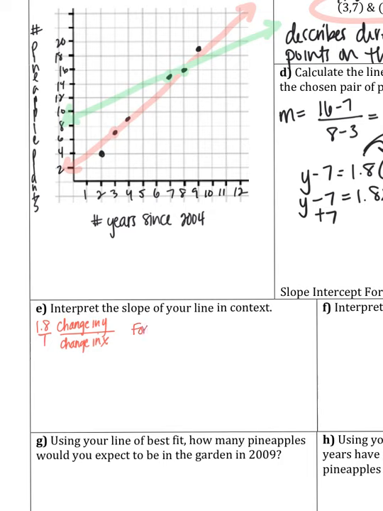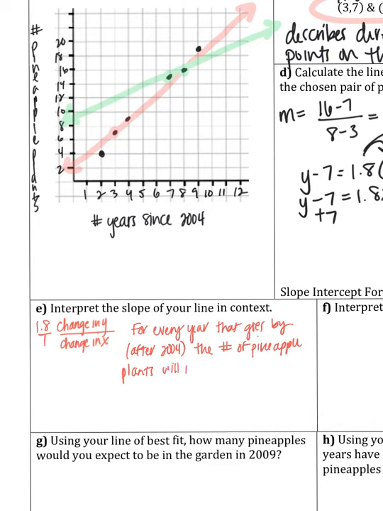So for every 1 year that goes by after 2004, the number of pineapple plants will increase by 1.8.